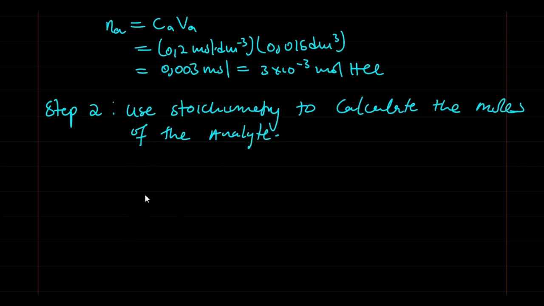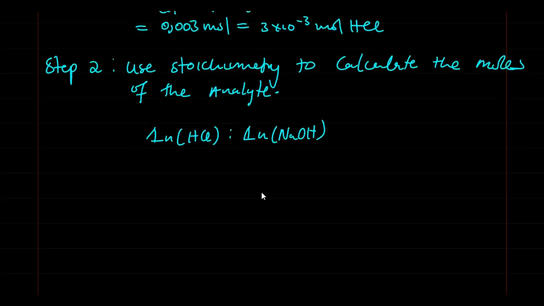Now we know that the ratio that we are given is 1 mole of HCl to 1 mole of what? Sodium hydroxide. So this is the standard solution, this is the analyte. We can see that this is 1:1.